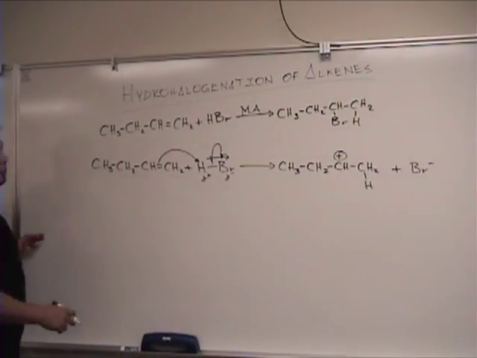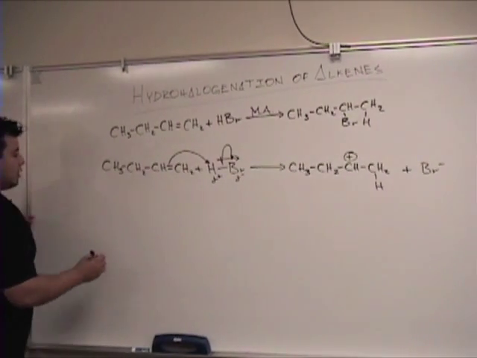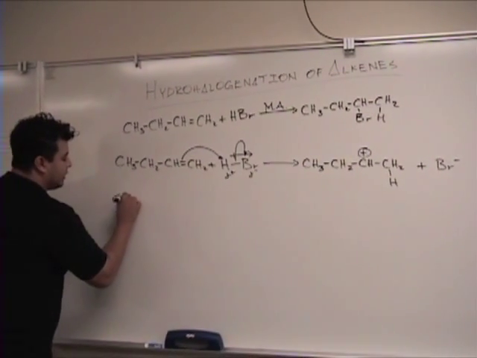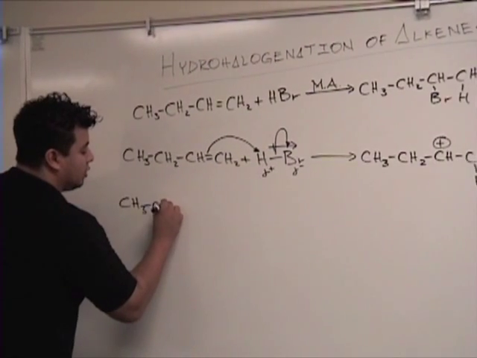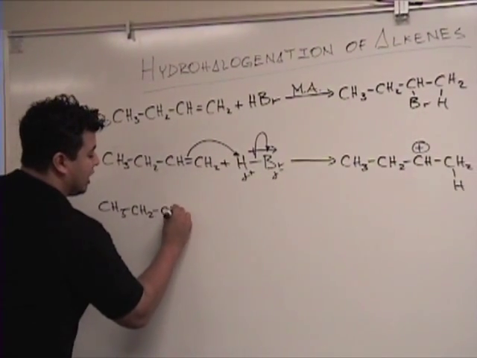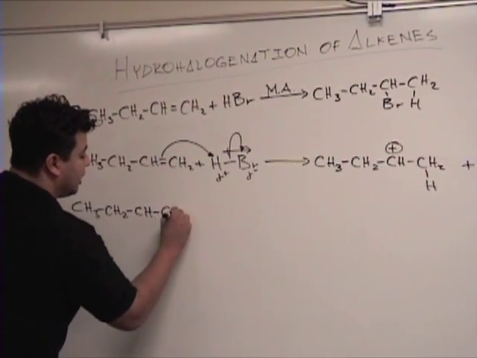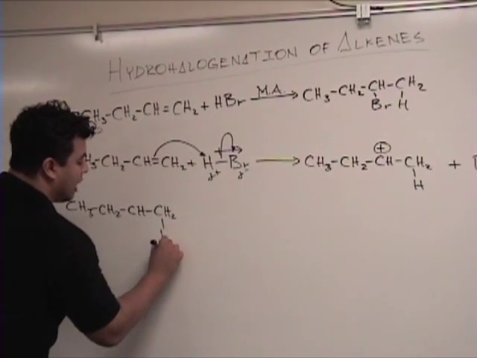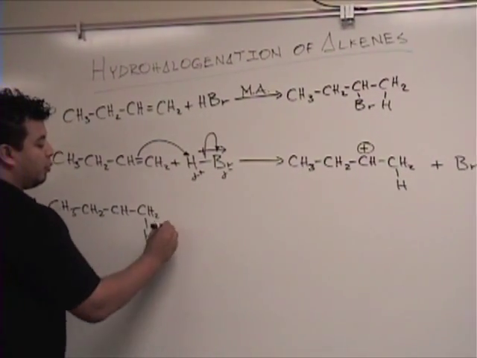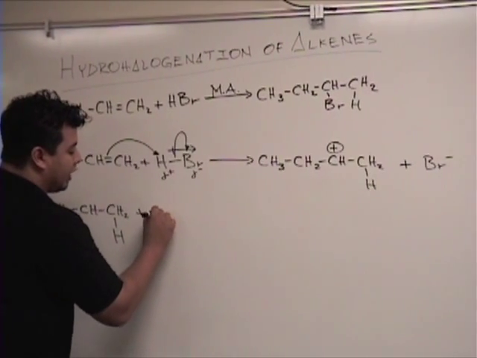So then step 3, we're going to take exactly what's on the other side. So we're going to say CH3, CH2, CH, CH2 in the hydrogen right here, plus the Br minus.